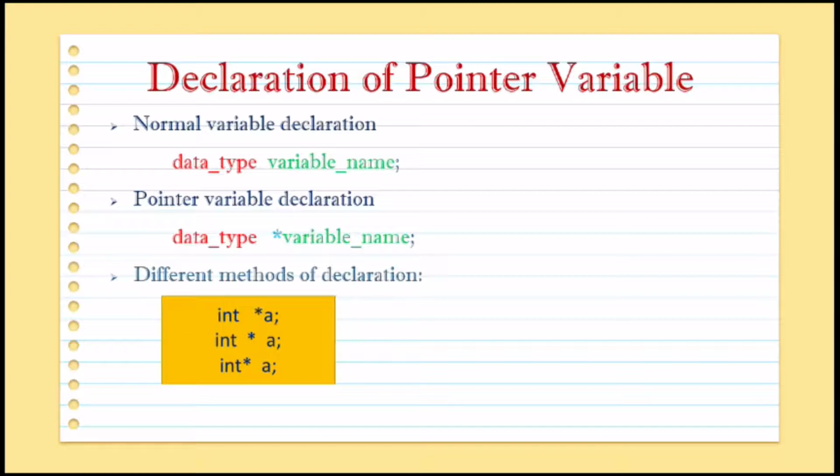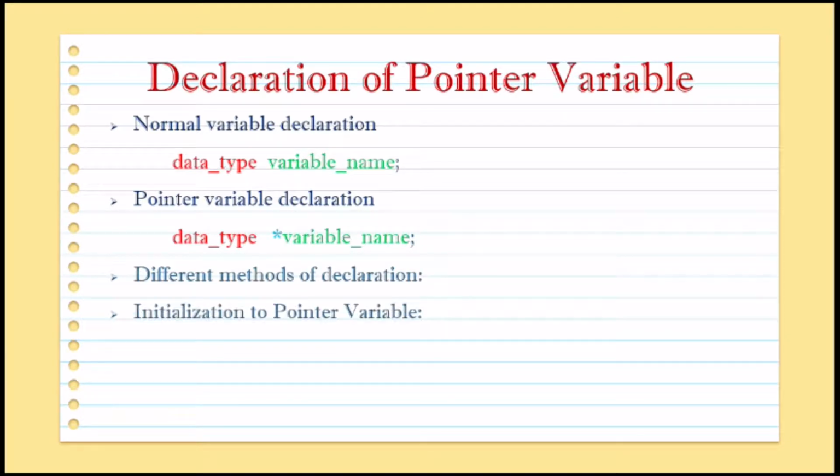That is int space star space a. Next one is data type, then star operator, then space, and then variable name. That is int star, then space, and then a. All the three methods are correct, but first method is preferred and is mostly used.